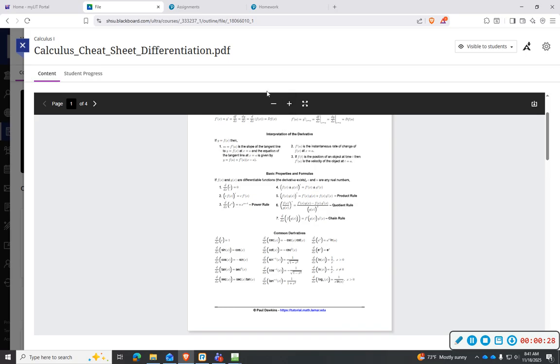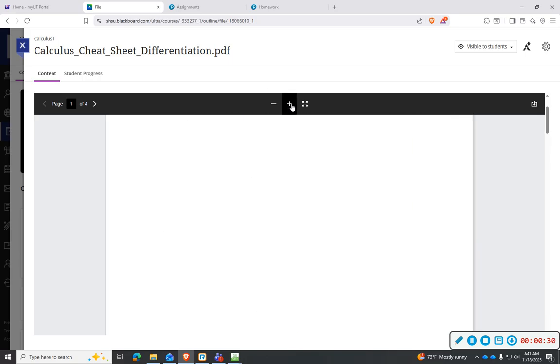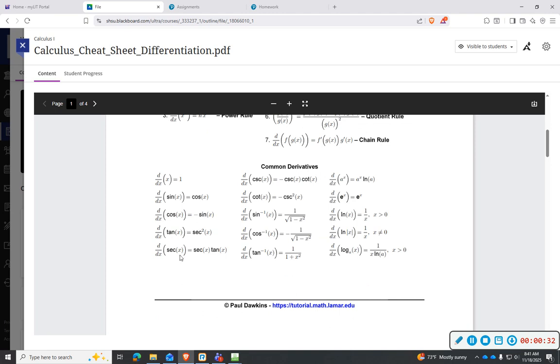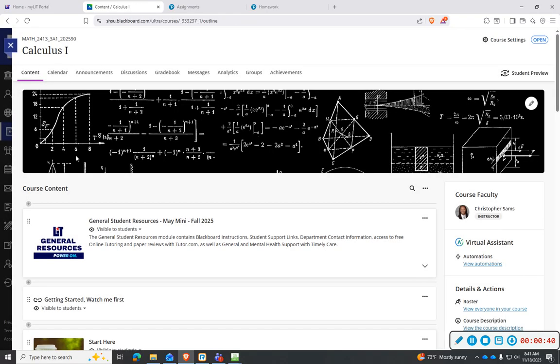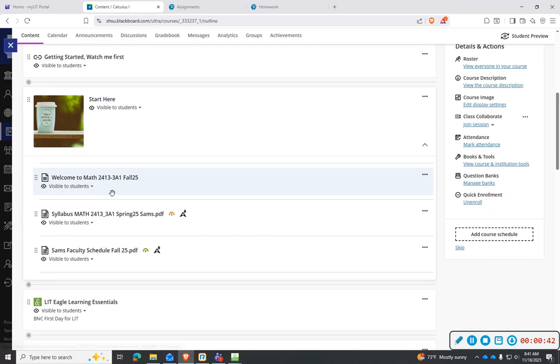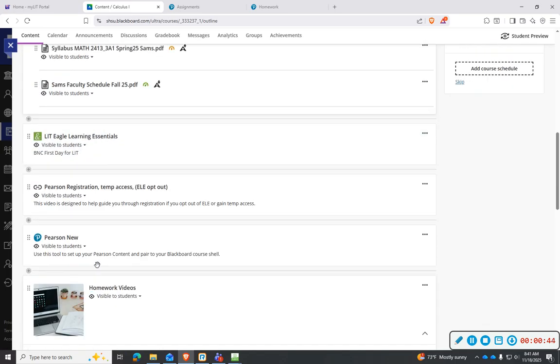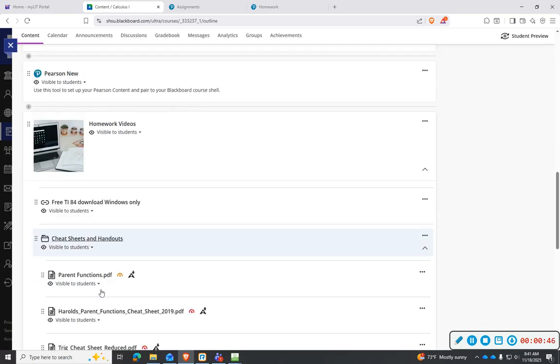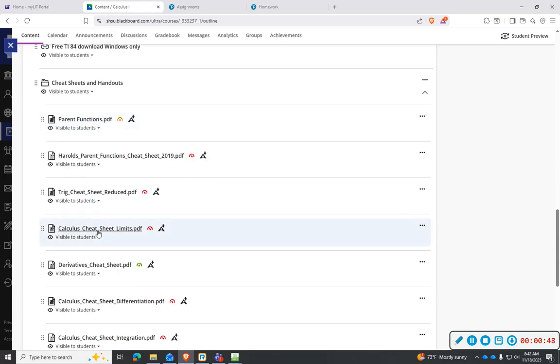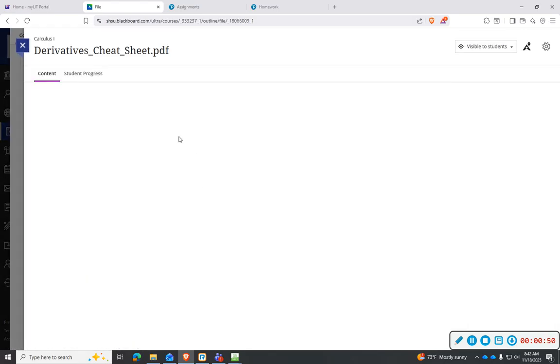So in our course, the differentiation sheet shows one version of some of them, and then there's a derivatives sheet.